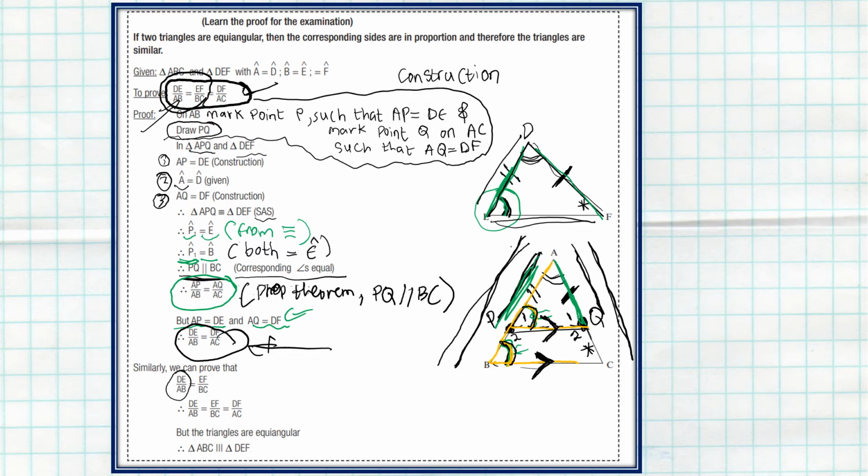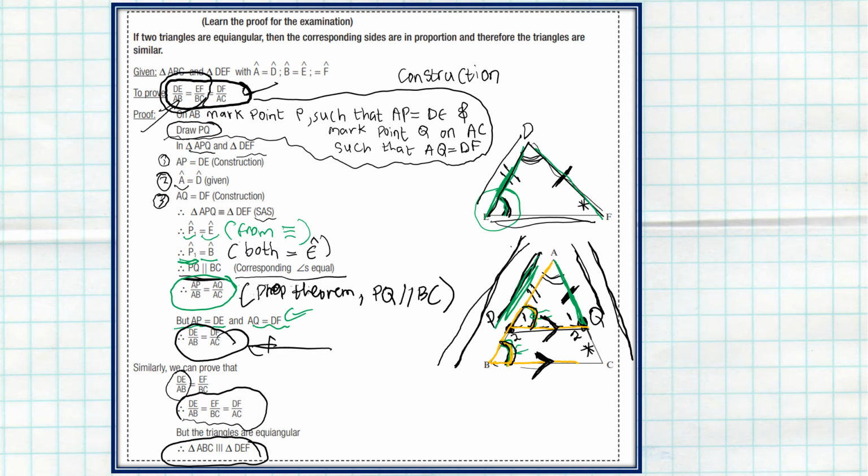If we make the same construction of those sides being equal like that, we can conclude that DE over AB is equal to EF over BC, which is equal to DF over AC. This proves that if the triangles are equiangular, then their corresponding sides will be in the same proportion, and therefore those two triangles are similar, right?